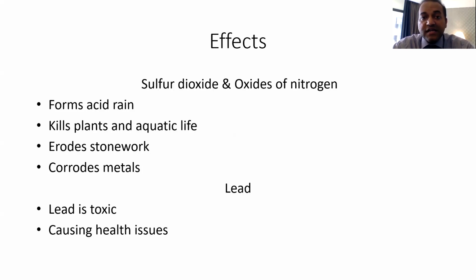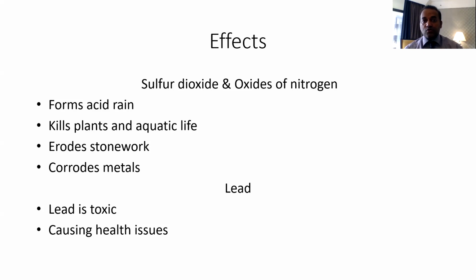Now, sulfur dioxide and oxides of nitrogen. Sulfur dioxide, nitrogen monoxide and nitrogen dioxide, when they mix with rainwater, form acid rain. This acid rain kills plants and aquatic life.